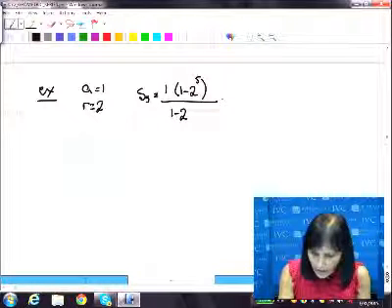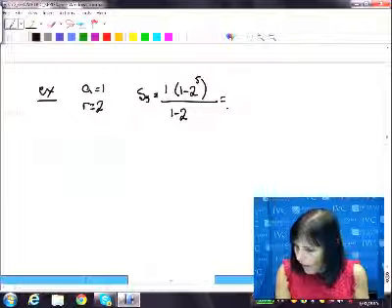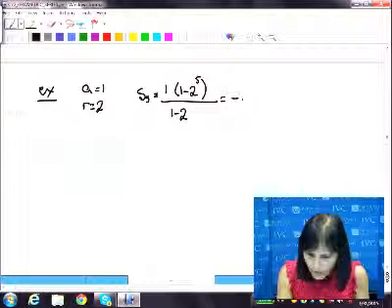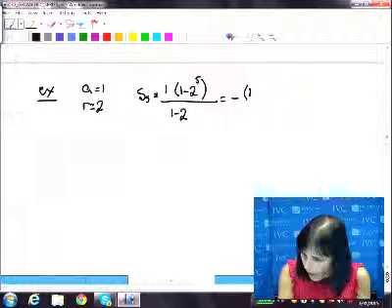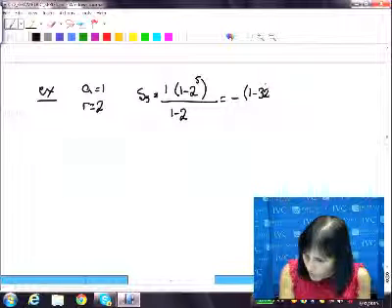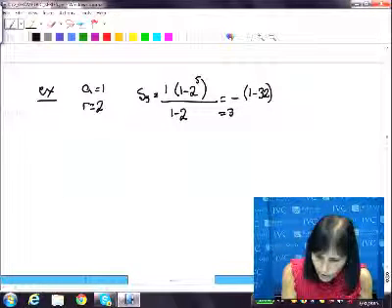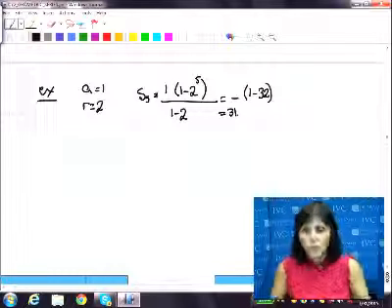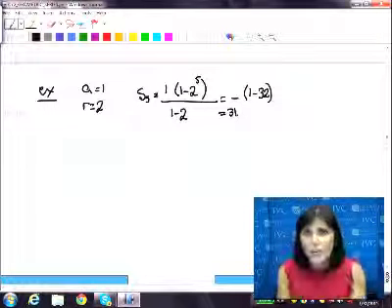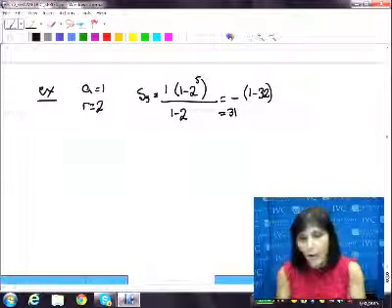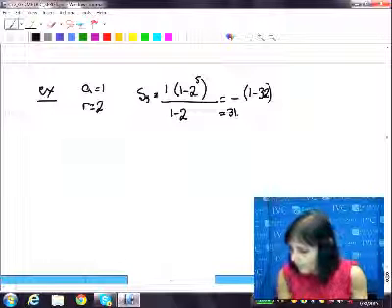So what do you get? You're going to get a negative over a negative, and you're going to get 1 minus 32, which happens to be 31. So I don't have to go and add the first 5 terms. I just have to plug into the formula.